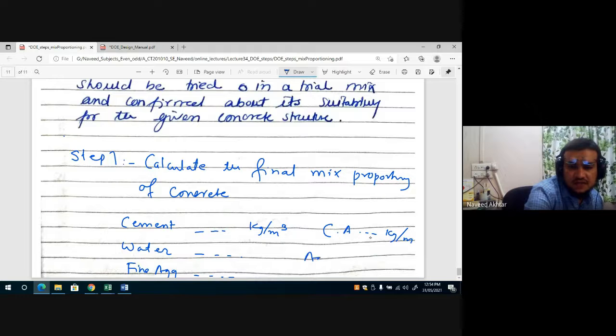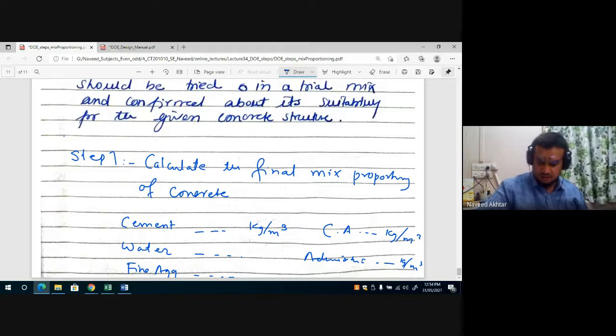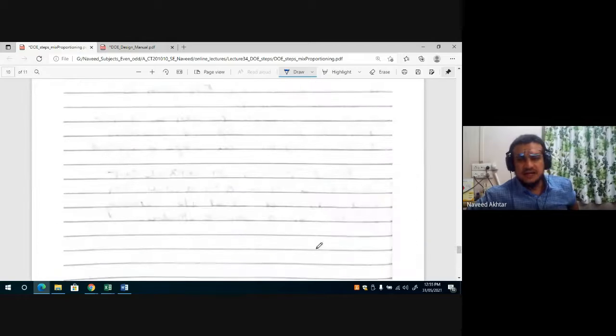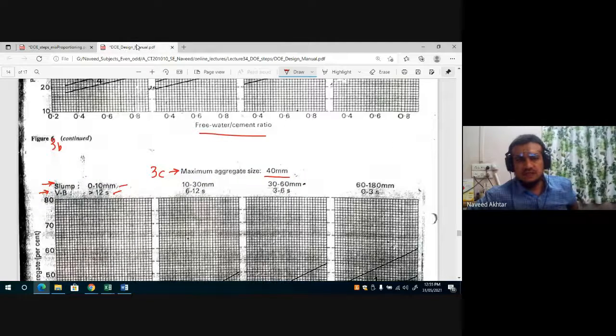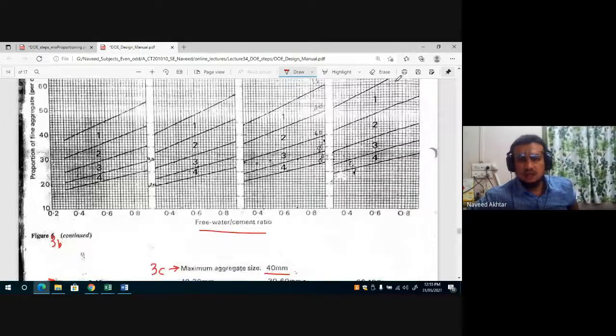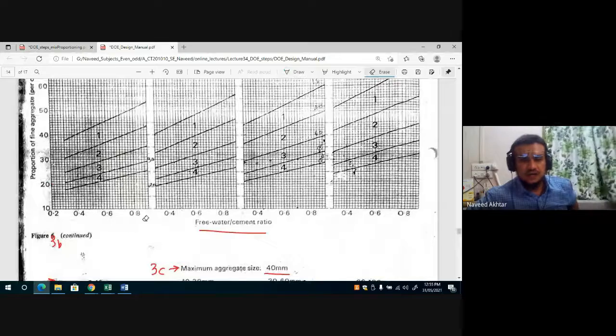If admixture is used, then admixture, that is kg per cubic meter. So based on your values, the final mix proportion is done, and you can also do the correction if there is moisture content in the aggregate. So this is nothing but your manual for the DOE method.